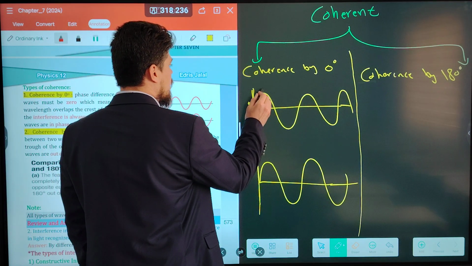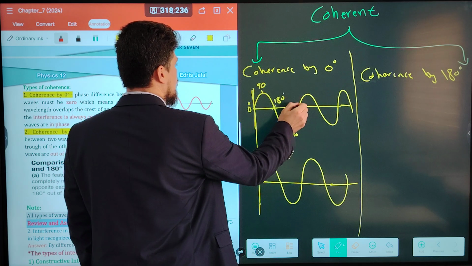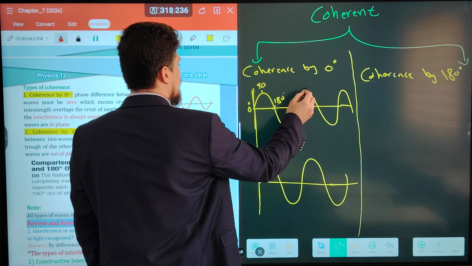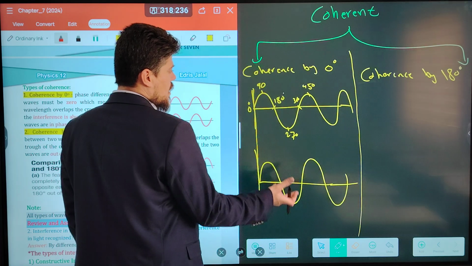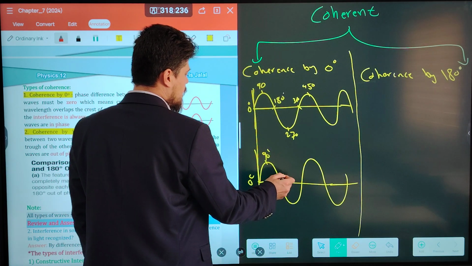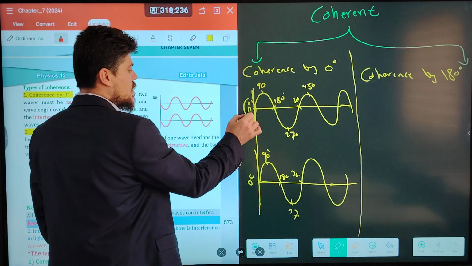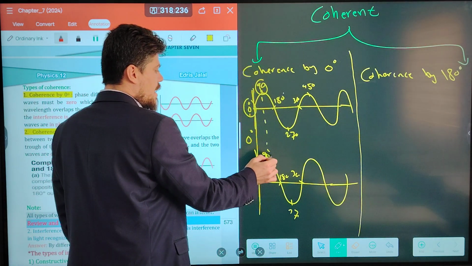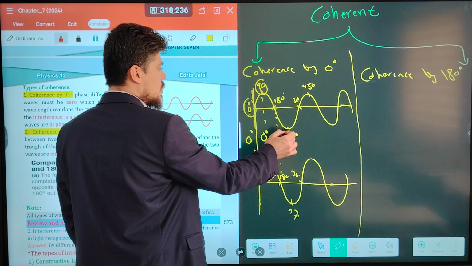Because what we have here is 0, here 90, here 180, 270, then one complete cycle 360, plus 90 is 450, and so on. The lower wave also starts with 0, 90, 180, 270, 360. Look: 0 minus 0 is 0, 90 minus 90 is 0, 180 minus 180 is 0.